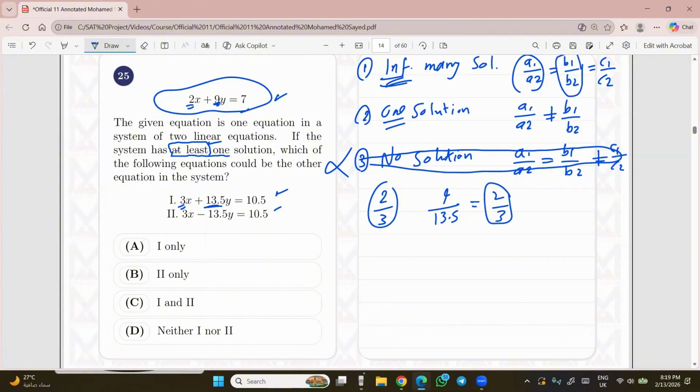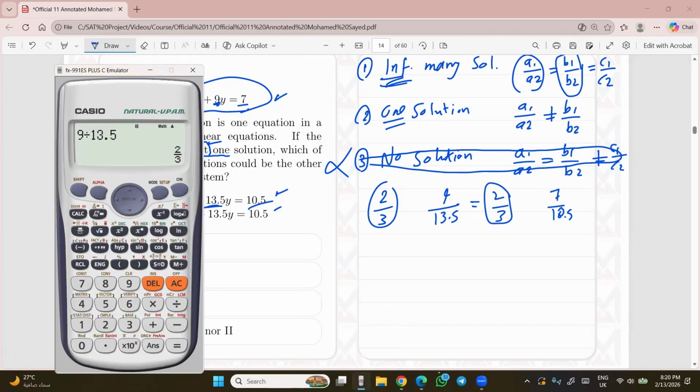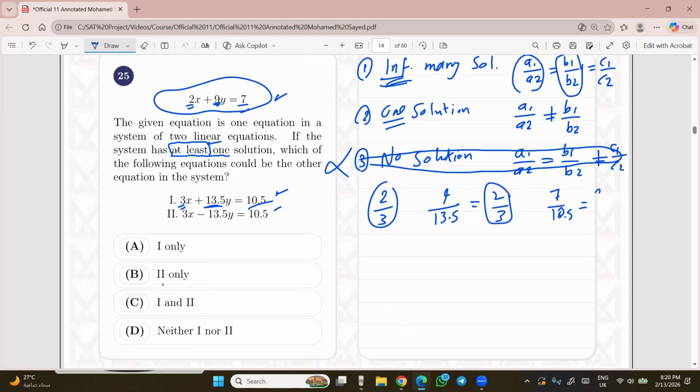Let's check C1 over C2, 7 over 10.5. Use the calculator again, 7 over 10.5 gives you also 2 over 3. So here we applied the first condition with this equation, which makes it correct.